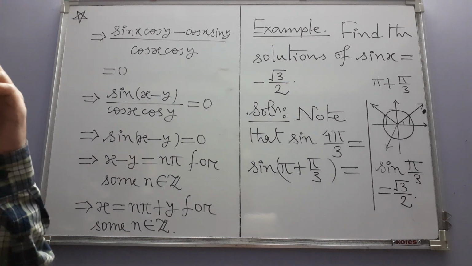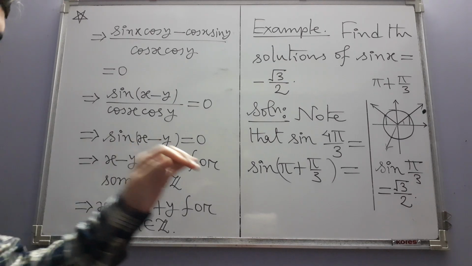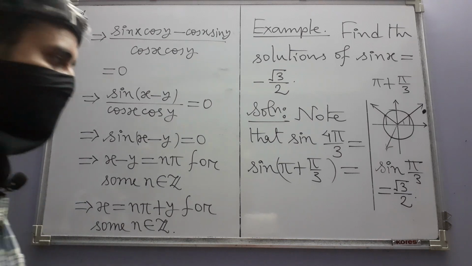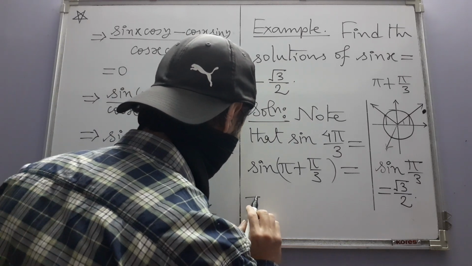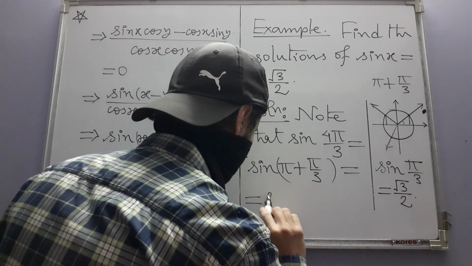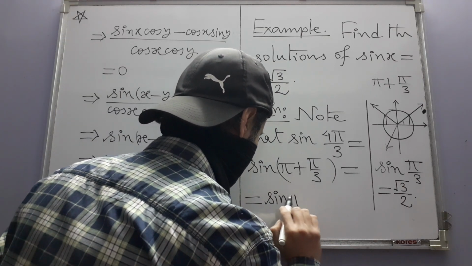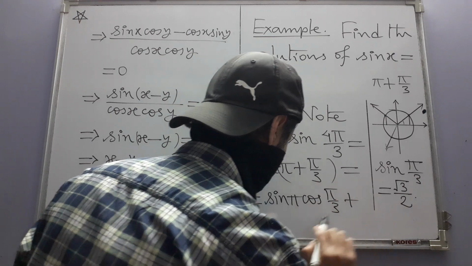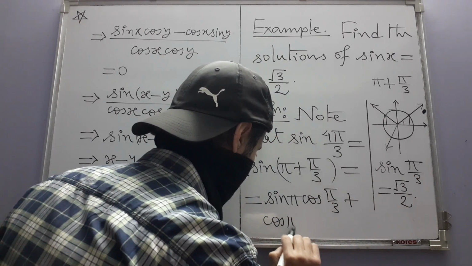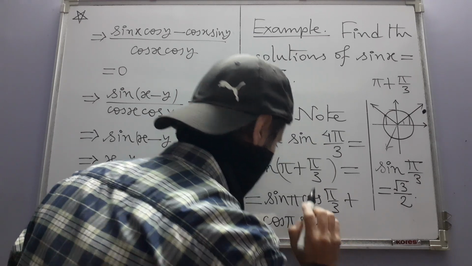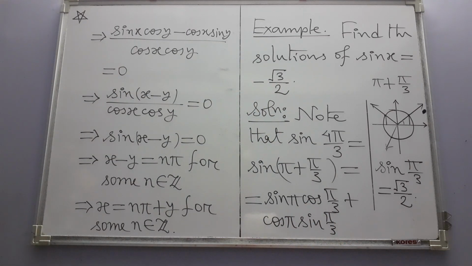Now, I have already said that I don't try to remember these formulas. Instead, I will simply use the expansion of sine A plus B. Sine pi cos pi over 3 plus cos pi sine pi over 3.